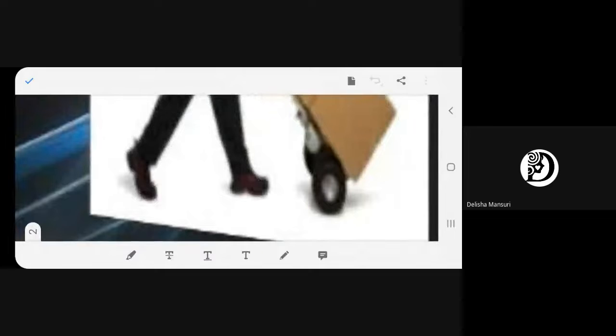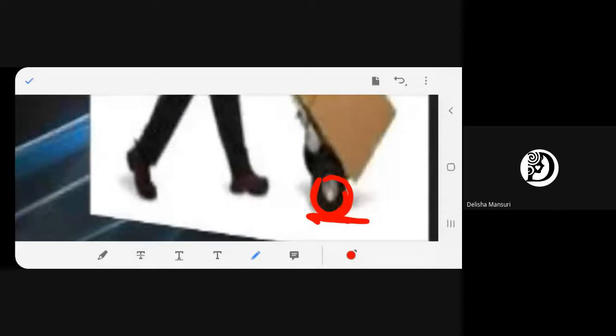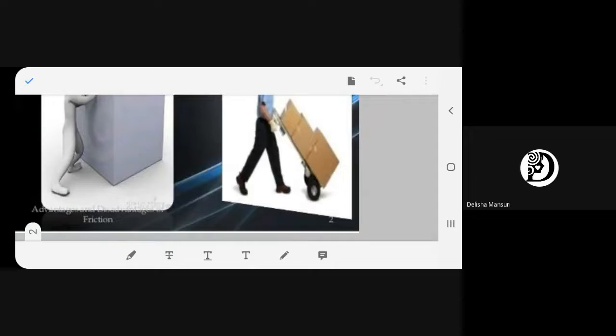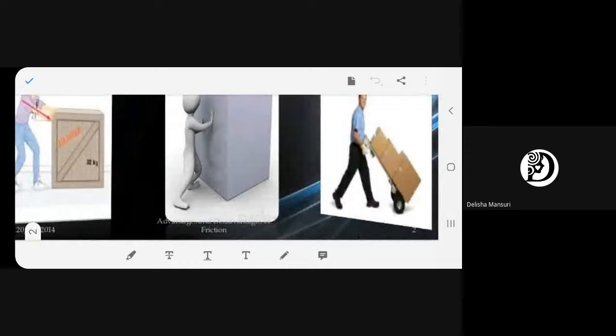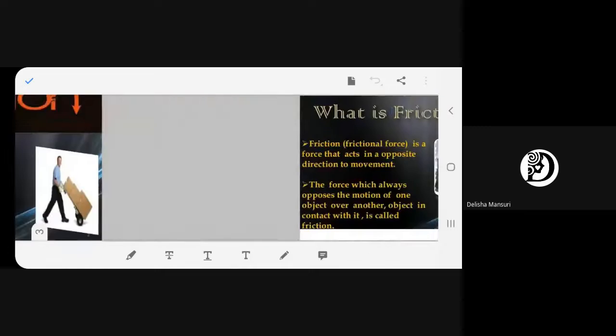Can you see the trolley? So there's friction between the wheel and the surface of the ground. Got it now? This is the friction which allows it to move. So friction is caused due to the contact of two objects or two bodies.